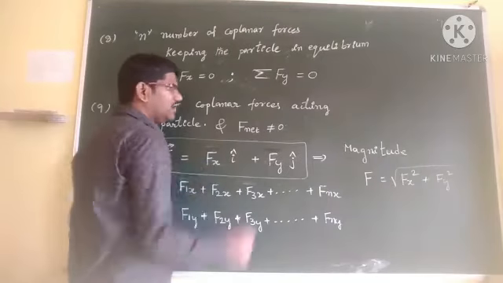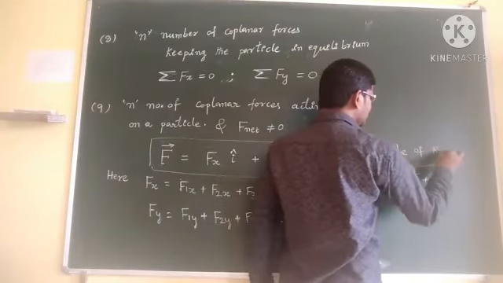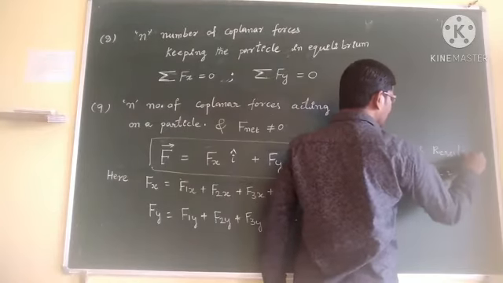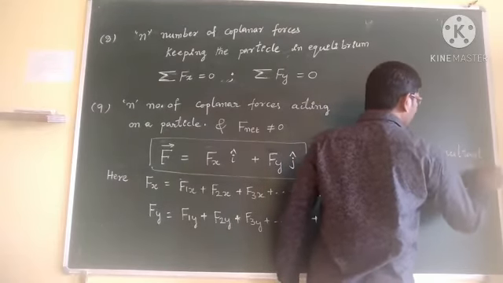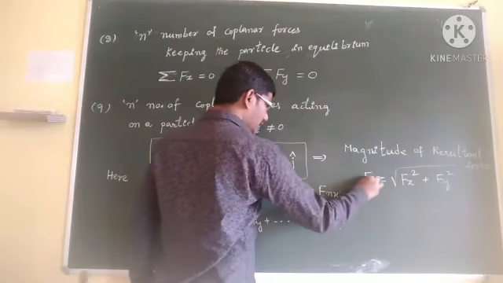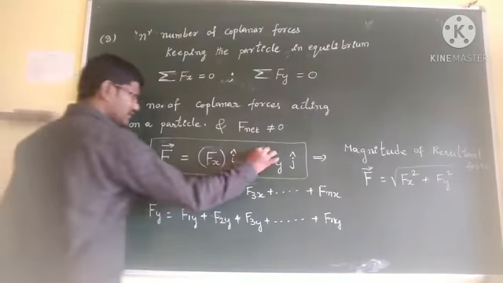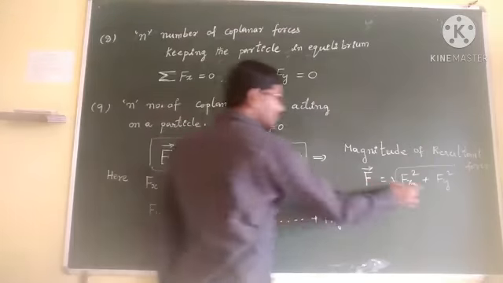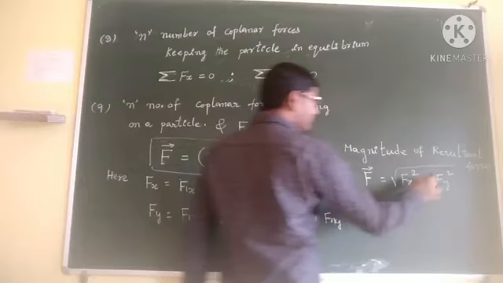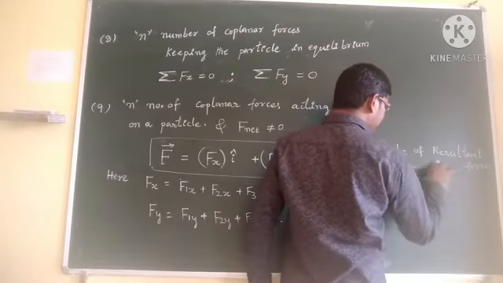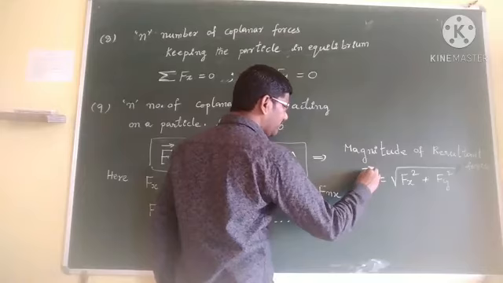Here there is no need of bar. The magnitude of the resultant force is called F, and we write it as Fx square plus Fy square. Okay students, so this is about F bar.